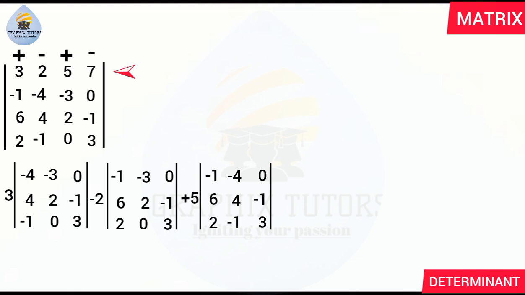Now, if I consider 7, remember the sign on 7 is minus, so I'll be having minus 7, right? So if I consider it, I'll be having minus 1, minus 4, minus 3, 6, 4, 2, 2, minus 1, 0. So this is all we are considering.